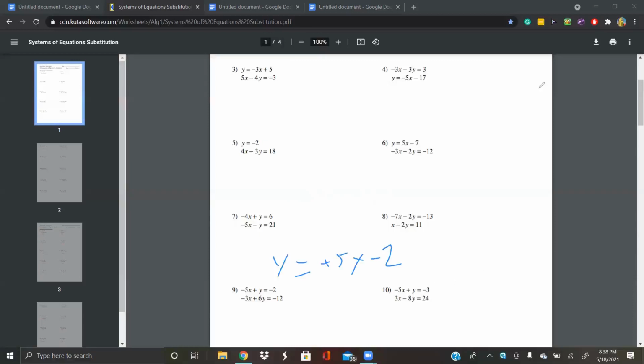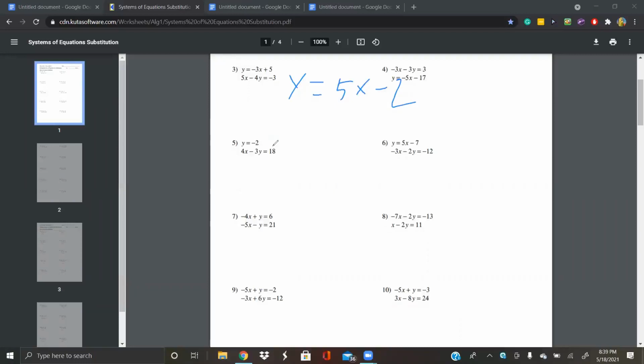So, I'm going to put it up here so I have more space. Now that we have the y-intercept, we're going to combine the y-intercept in the standard form equation.